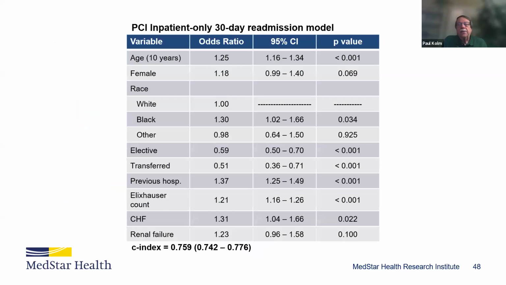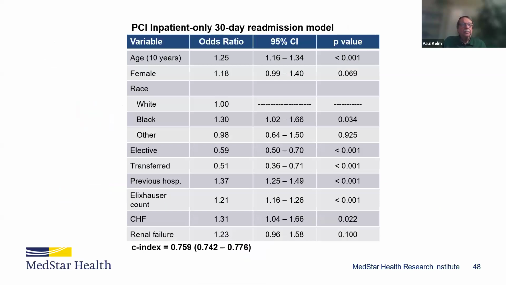So this is an example from a study we did some time ago, where we wanted to develop a predictive model for 30-day readmission among PCI patients, percutaneous coronary intervention patients. And so we had a number of variables that we wanted to look at as far as the predictive model goes.